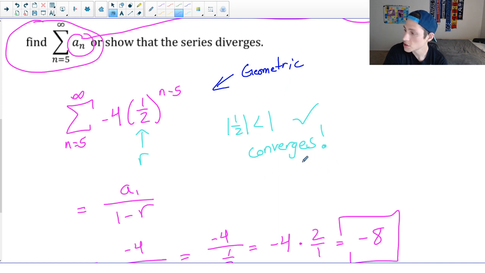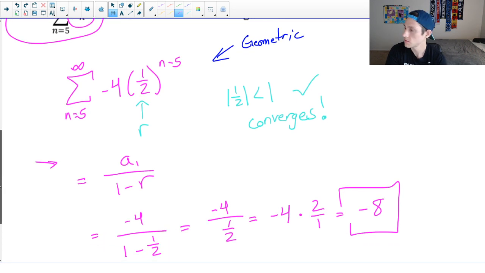So I wouldn't want to just stop at saying it converges, because the problem says, if you can find the sum, then do it. The first part is showing that it converges at all, which means there is a sum. Well, what actually is it? That's where we use this neat little formula to determine it. So we find that it's negative 8.